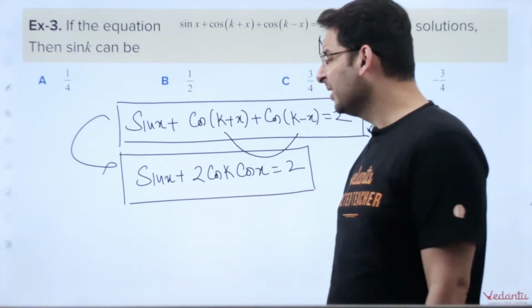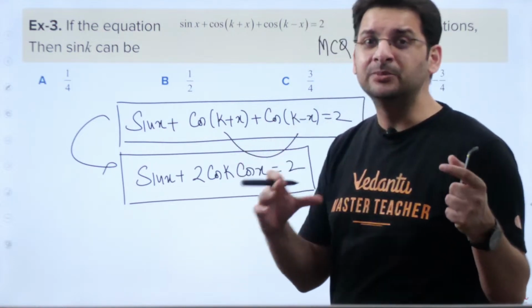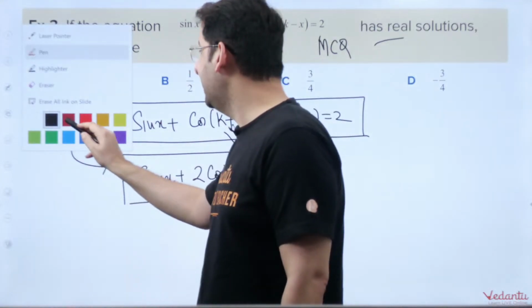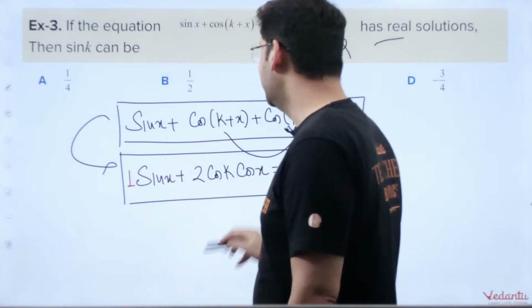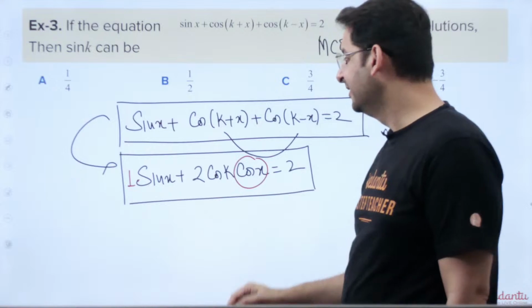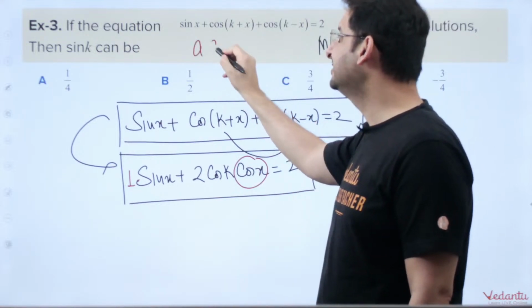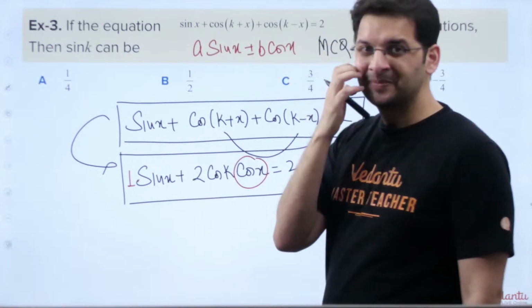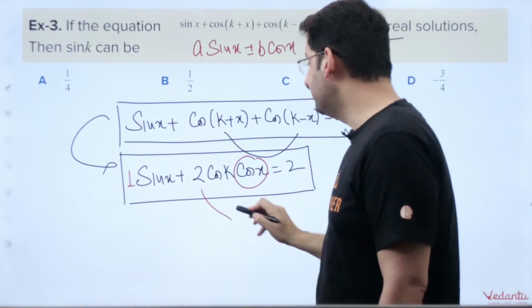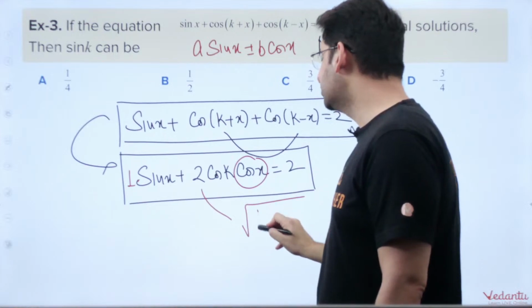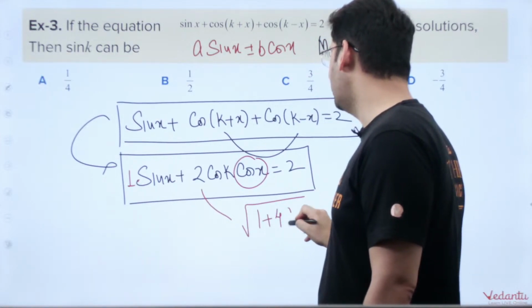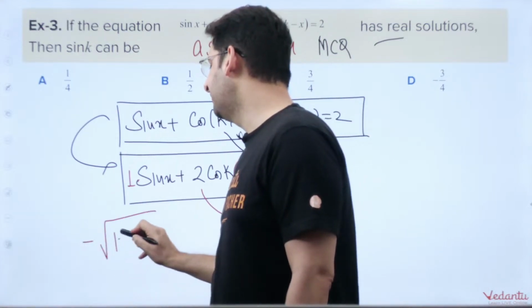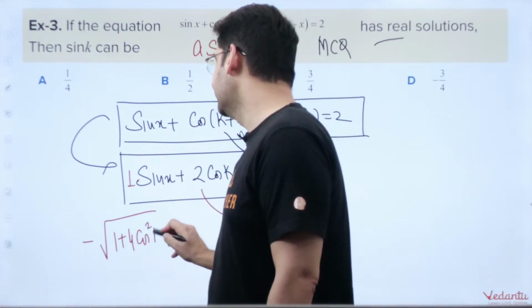Right. Now, what is the one thing which comes to our mind after seeing this? I can clearly see that we have an expression of sin x and an expression of cos x. So this is the concept of a sin x plus b cos x. The left hand side maximum value is going to be root of a square plus b square, which is root of 1 plus 4 cos square k, and the minimum value is going to be minus that.